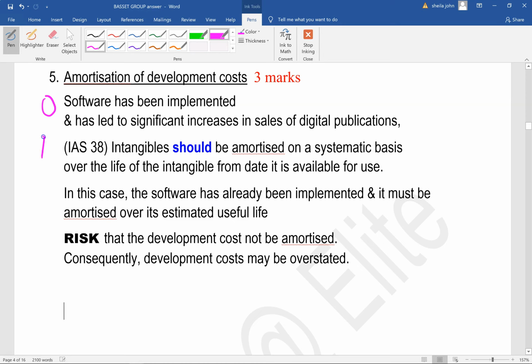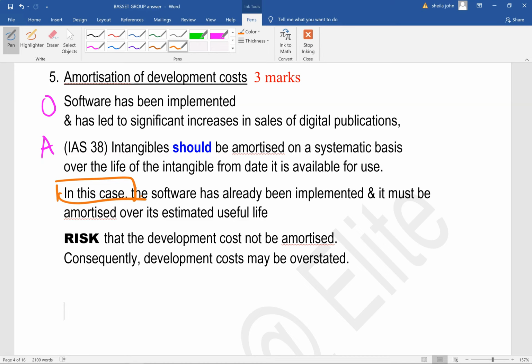And we've got the accounting treatment here, the accounting rule, how it should be amortized on a systematic basis over the life of the intangible from the date it is available for use. And here I'm saying in this case, the software has already been implemented and therefore it really should start amortizing it. Risk here is that the development cost of this particular software has not been amortized.